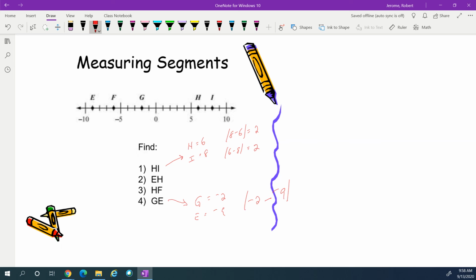So that's -2 plus 9 in the absolute value, which is 7. And if we went up to our number line and counted from G to E, 1, 2, 3, 4, 5, 6, 7. So it is 7 units. The fact that it's going left doesn't really matter because we're not talking about direction, we're talking about measurement.